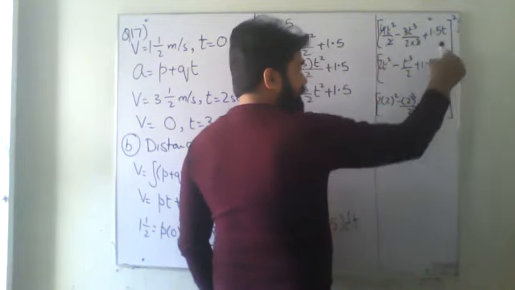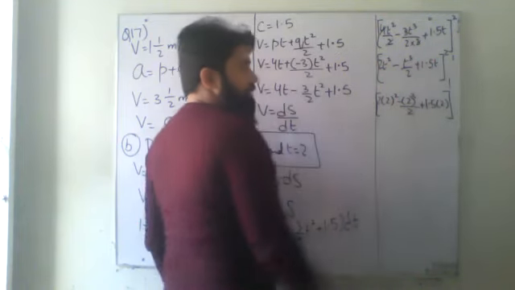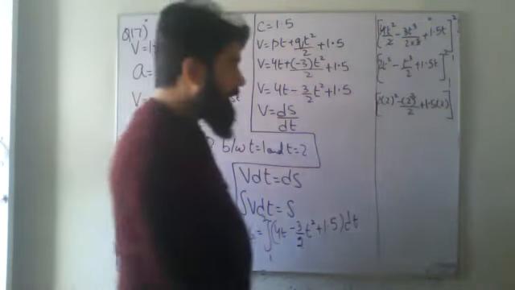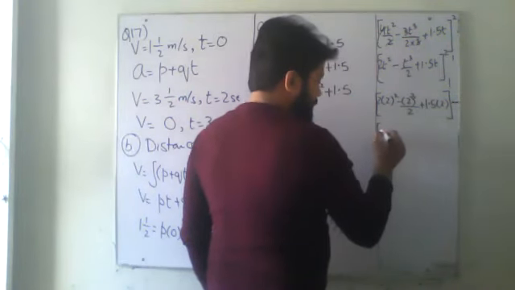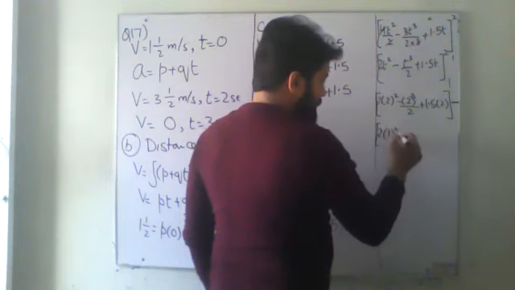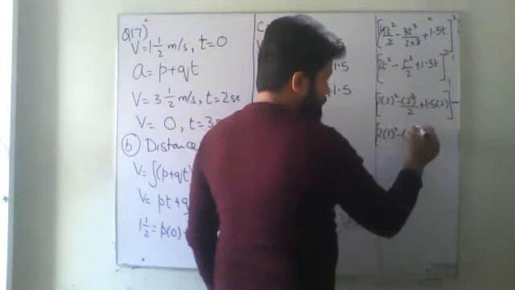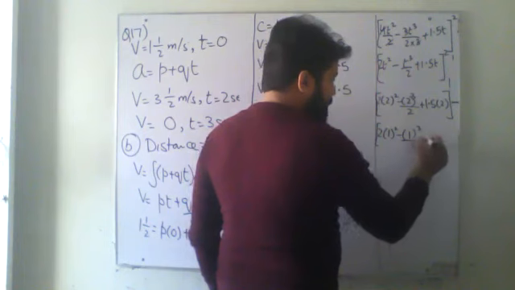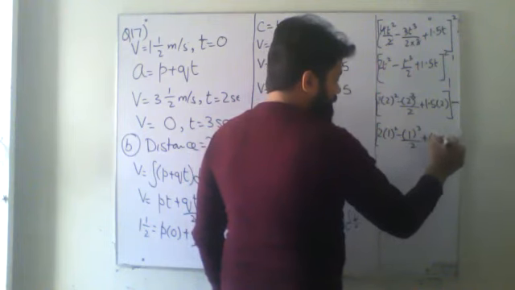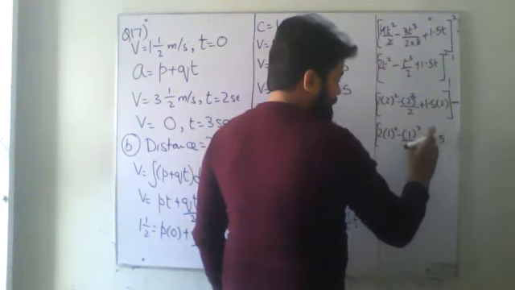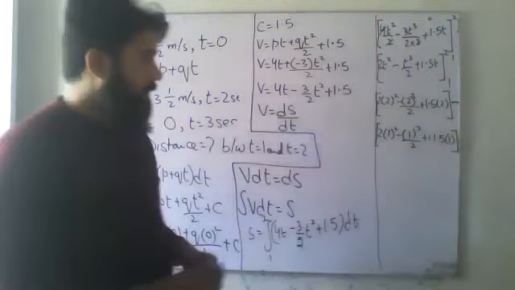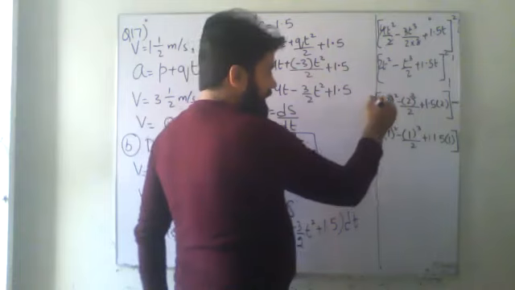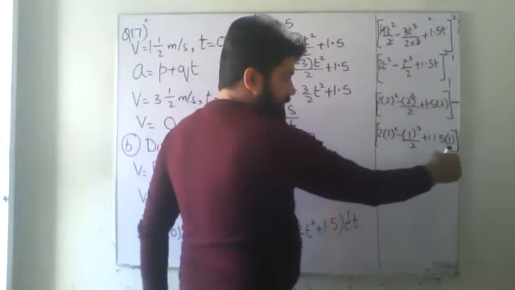I have plugged my first limit inside the bracket. Then I am putting a minus sign over here, and 1 squared minus 1 cubed over 2 plus 1.5 multiplied by 1.